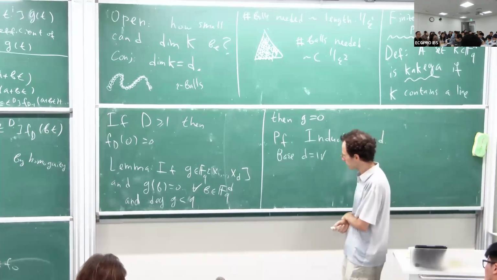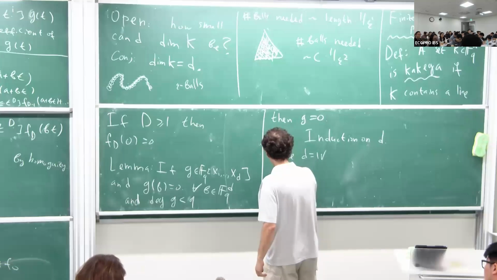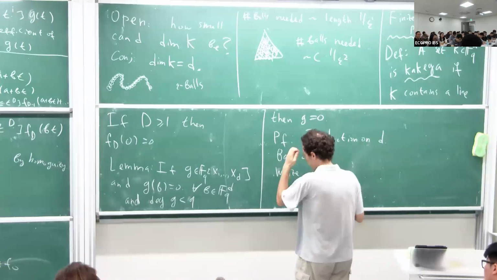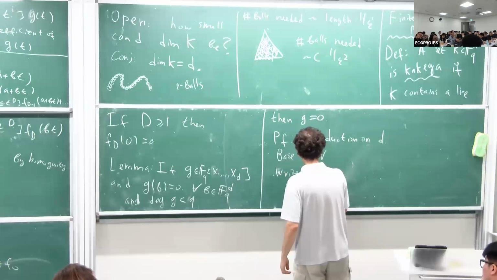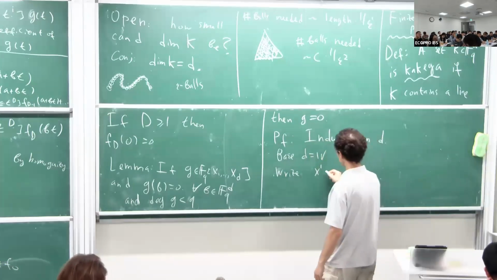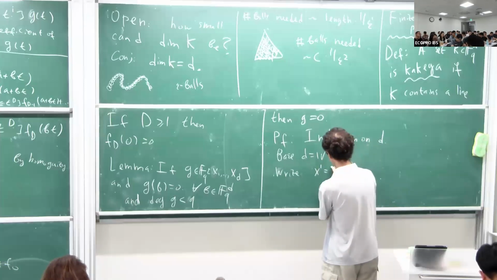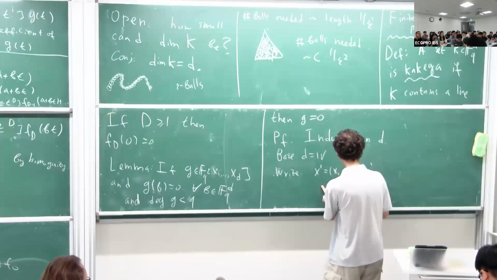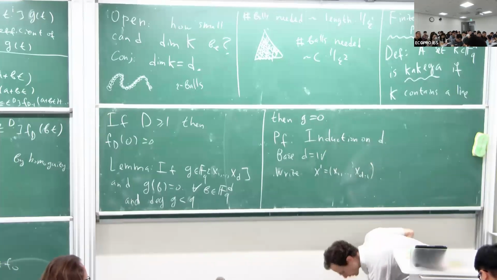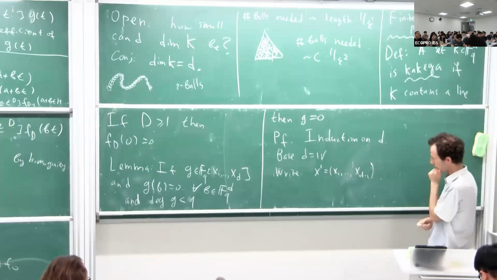For the induction step, I'm going to write x prime as the vector of the first d minus 1 coordinates.